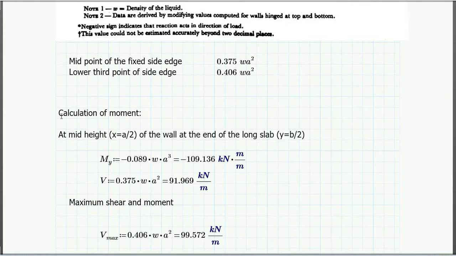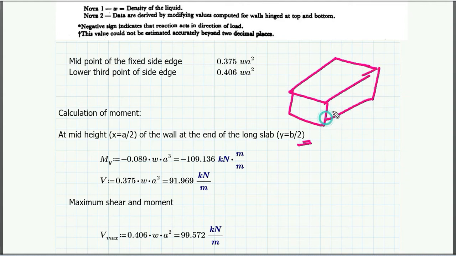Now let's calculate the forces. At the mid height, that is x is equal to a by 2, a is the height of the wall, and at the end of the long slab, y is equal to b by 2. Because any water tank which is free at the top, the maximum deflection or the maximum moment that we are getting is at the end, and at the midpoint.